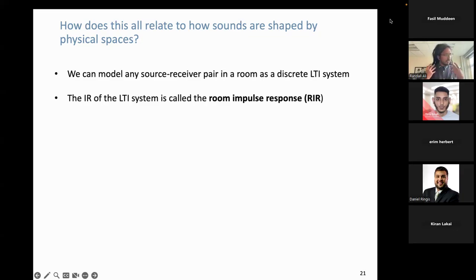In terms of application, this has become a growing field ever since the introduction of, or more interest in, virtual reality, augmented reality, all of these kinds of things. With virtual reality, when you have simulated spaces that you're in, you also want to simulate the acoustics of that space, because you need consistency between the physical space that you see and what you hear.